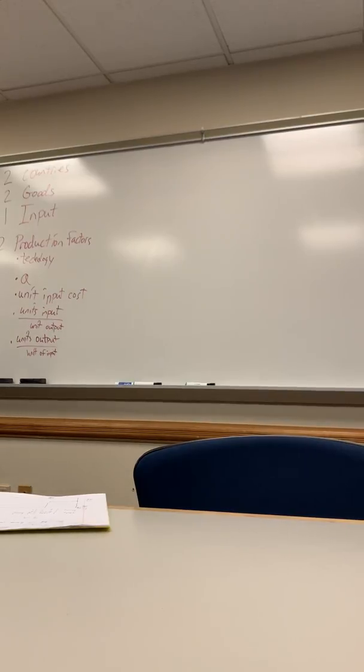But really the key parts of the Ricardian model are these. This is what separates it from other models, from Heckscher-Ohlin and specific factors. The key difference being that there's only one input in the Ricardian model. So there's only labor.